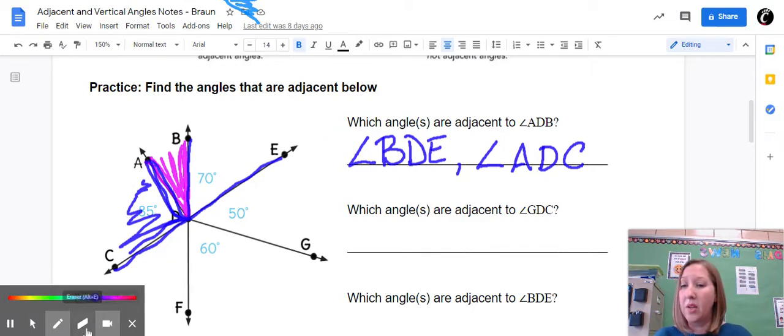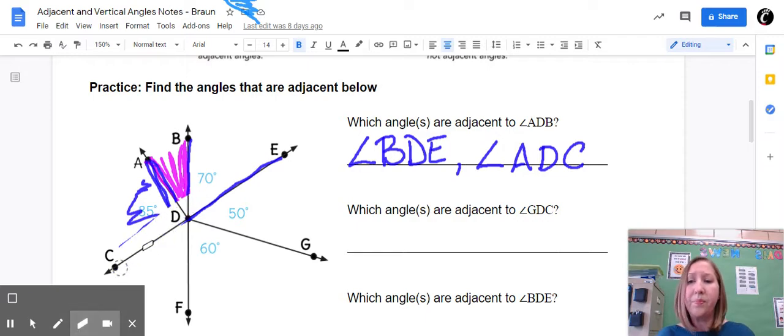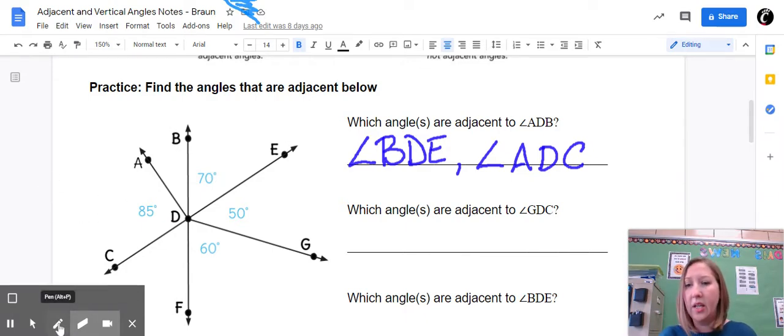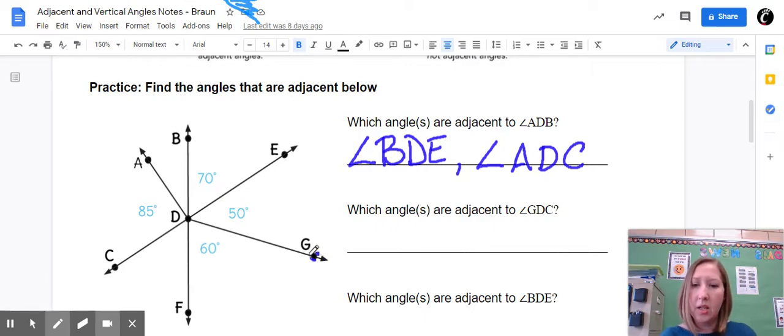Okay, so I'm going to clear this off again, and we are going to take a look at the next practice. It says which angles are adjacent to angle GDC. So I am going to look at GDC, so this whole angle here.